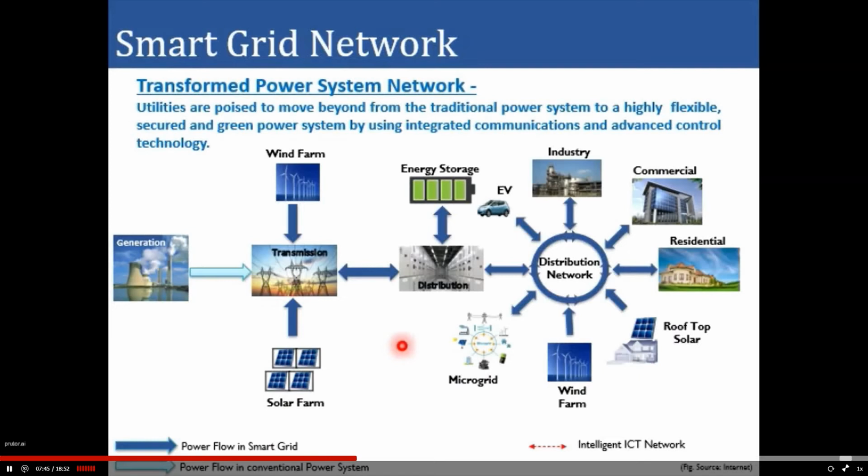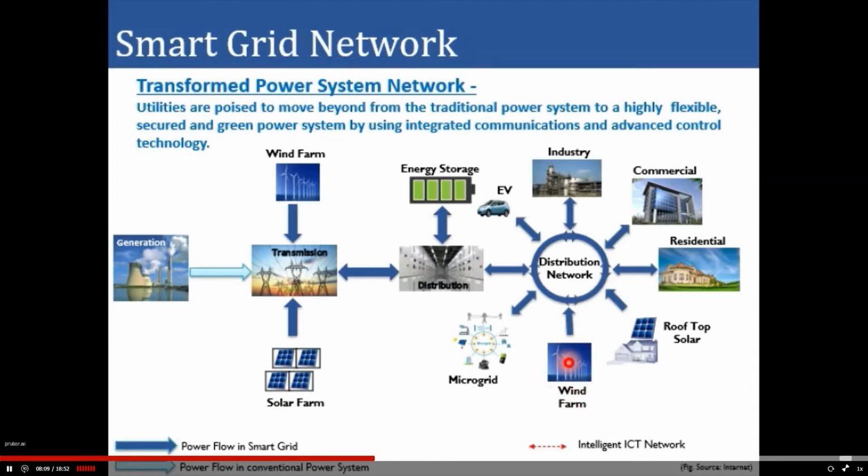So why is there a challenge in effective utilization of those resources? The major challenge is the intermittency. When the sun is there, solar power is being generated, but suddenly if you have cloud cover, the solar power reduces to zero.